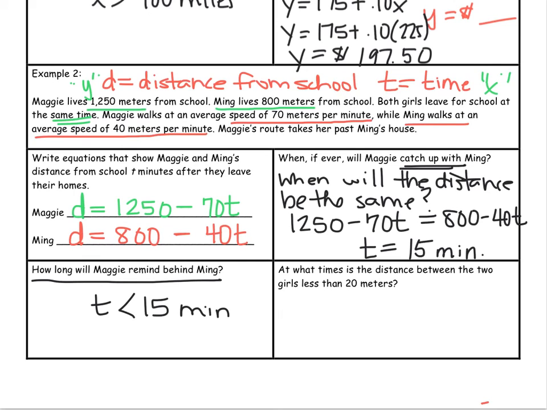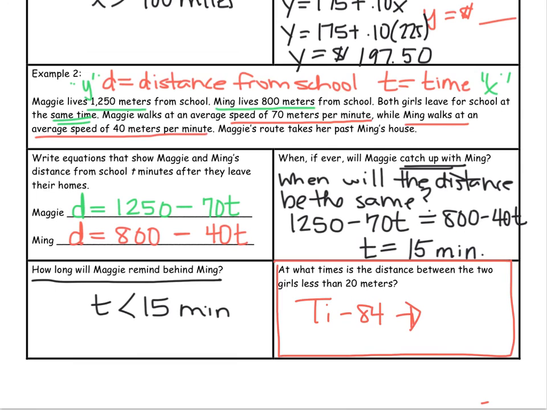And the last one, at what time is the distance between the two girls less than 20 meters? Okay, so this one is easiest to solve on the calculator. There's a really easy way to do that. So tomorrow in class, we're going to take a look at the TI-84 and how to solve this problem.